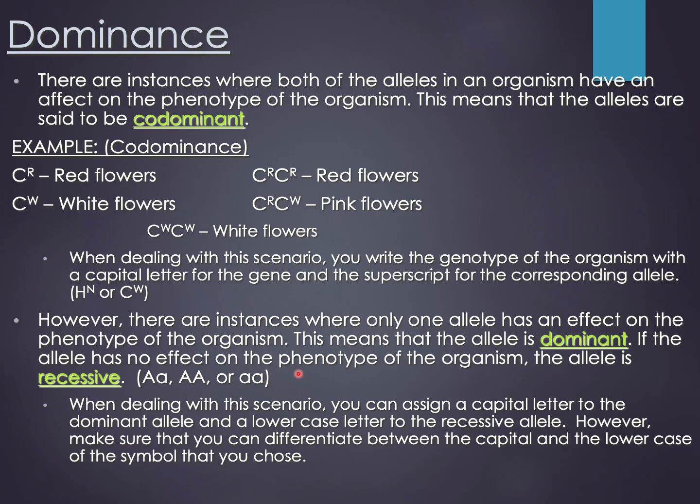When dealing with this scenario, you can assign a capital letter for your dominant allele, lowercase letter for your recessive allele, and then make sure you differentiate between them. You need to make sure that you write them very clearly, one uppercase and one lowercase when needed. Can't have them resemble one another.